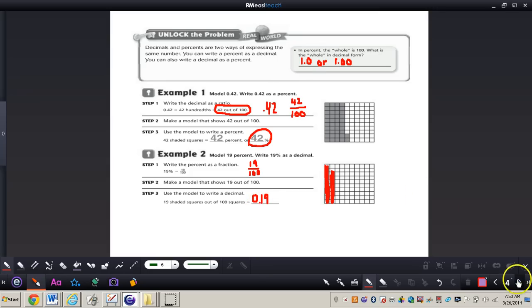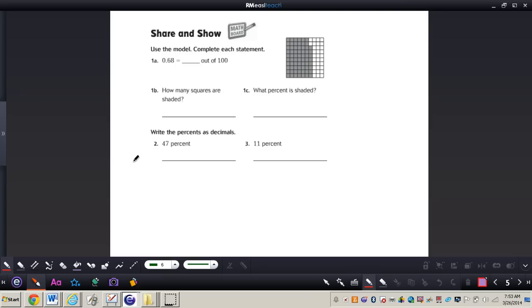Now let's take a look at a few more problems together, and I want you to turn to page 254 in your book. Okay, so it says use the model, complete each statement. 1a, we have 68 hundredths equals what out of 100?